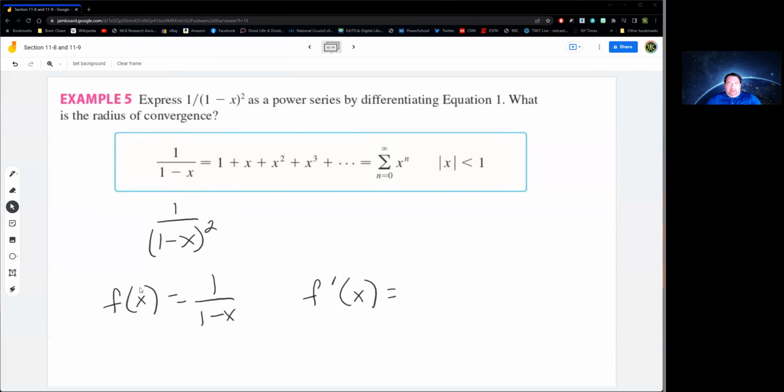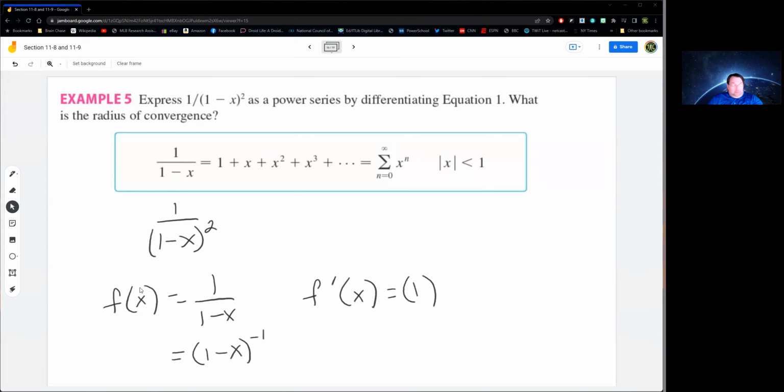If we look at this in terms of a quotient rule, which we actually kind of know, I can also do it as a chain rule, which might make my life a little bit easier. So what is the derivative of 1 minus x? It's just 1.